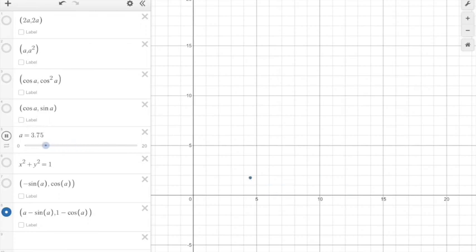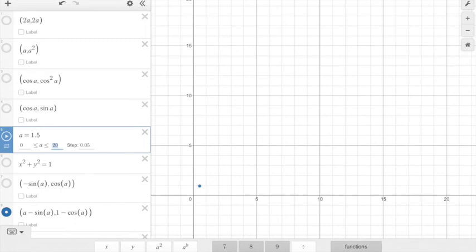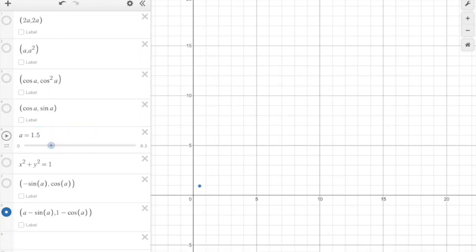Go like that, go like that, go like that, and that's how the parametric thing changes. That's a cycloid. Now note, at first it's pretty slow, and then it's fast, and then it's slow, and then it's fast. During each cycle, I probably want to do 2 pi here, which is like 6.3. Let's just do 6.3. Step to be really small to let you see what's going on.